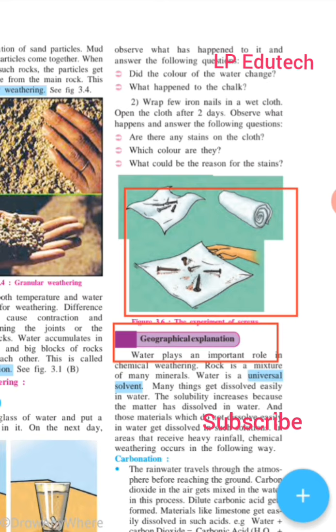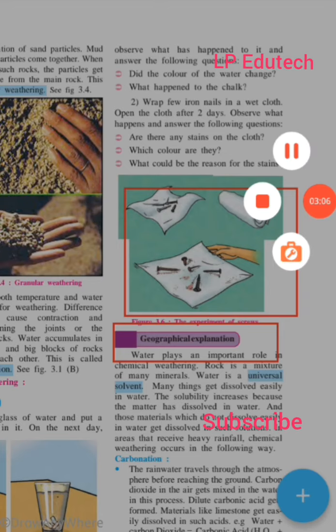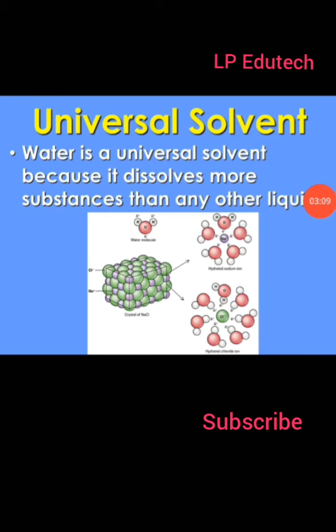A rock is a mixture of many minerals, so it is made of many minerals, and water is a universal solvent, in which everything gets dissolved, therefore it is called a universal solvent. Many things get dissolved easily in water. The solubility increases because the matter has dissolved in water, and those materials which do not dissolve easily in water get dissolved in such solutions.